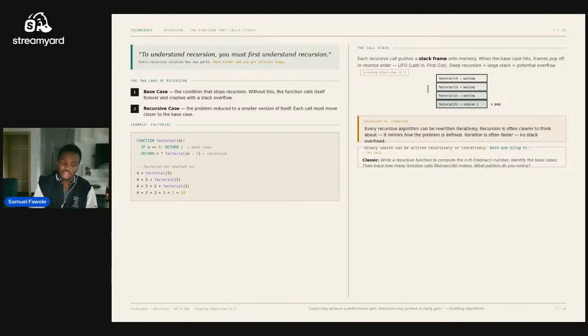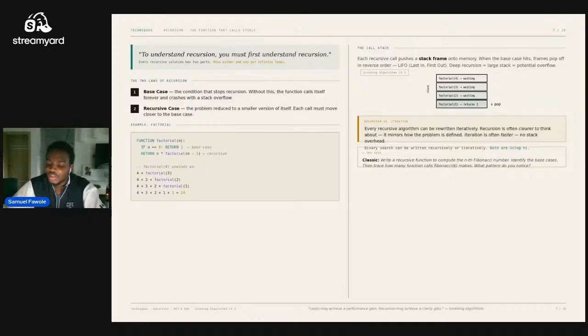But in programs, there are many times you have to write a recursive function. For instance, in factorial, 2 factorial is basically 2 times 1. 3 factorial is 3 times 2 times 1. You are seeing the pattern. 4 factorial is 4 times 3 times 2 times 1.